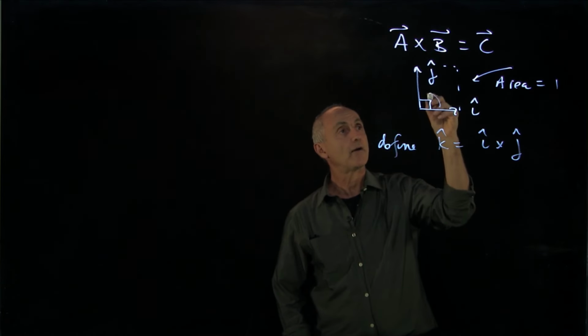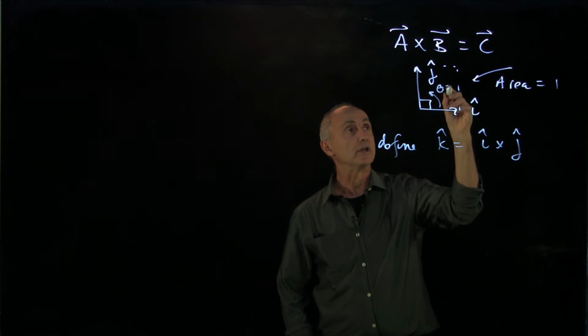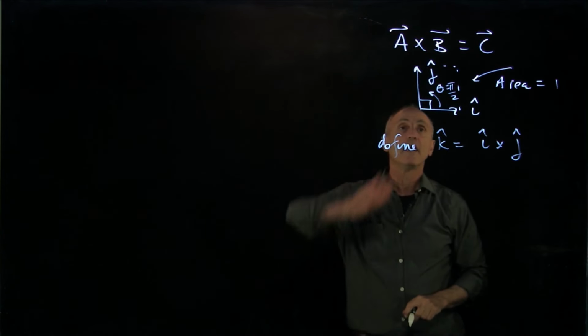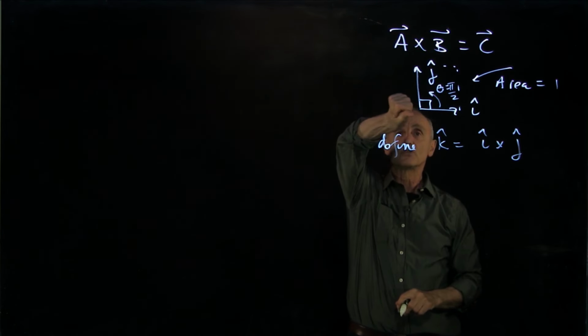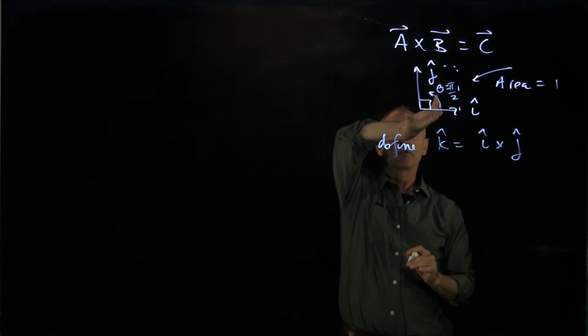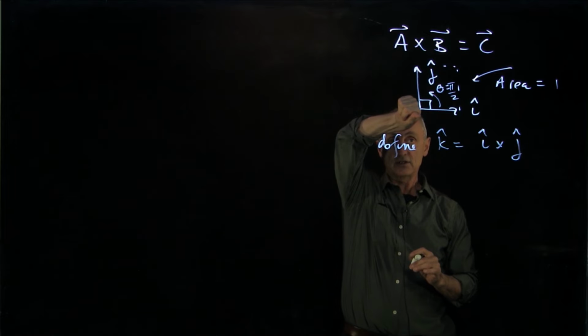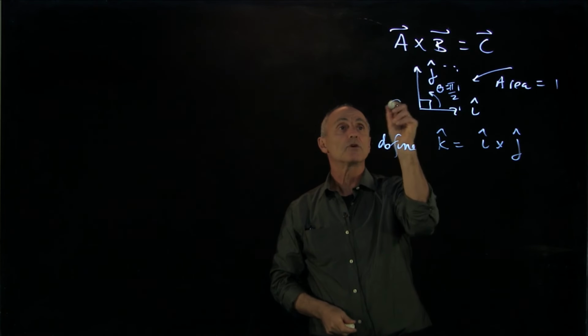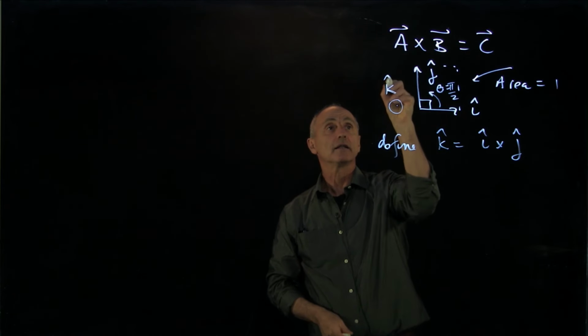Now, our angle theta here was 90 degrees. And so if I use the right-hand rule, then i hat cross j hat is the right-handed unit normal, out of the plane of the figure. And so I would write k hat like that.